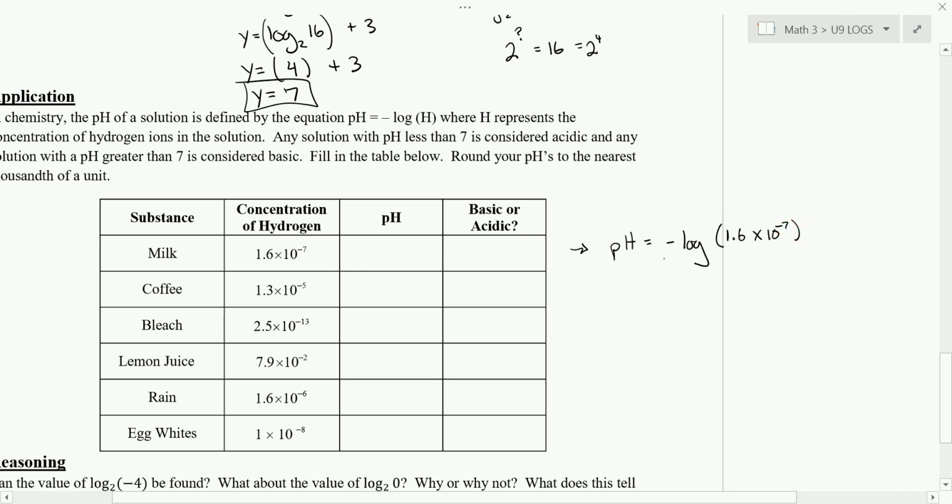So using a calculator, I'm going to type in log of 1.6 times 10 to the negative 7.